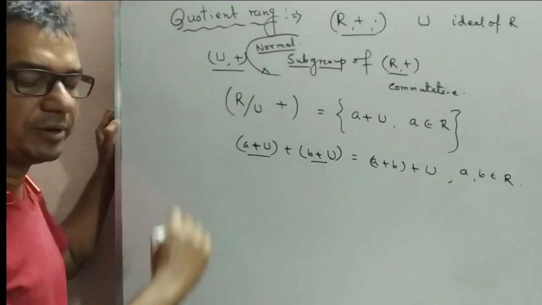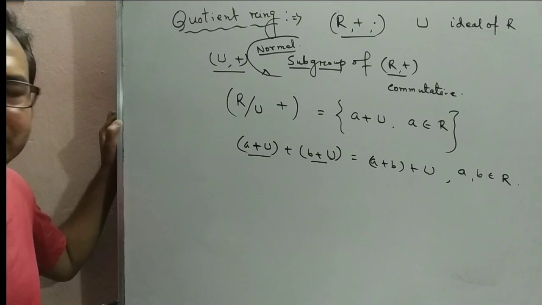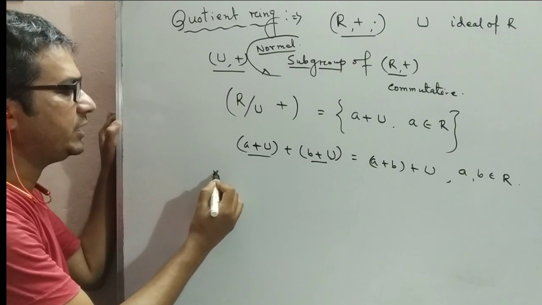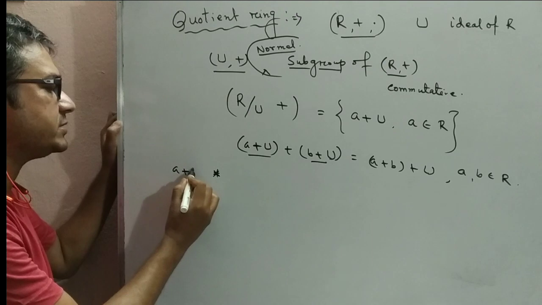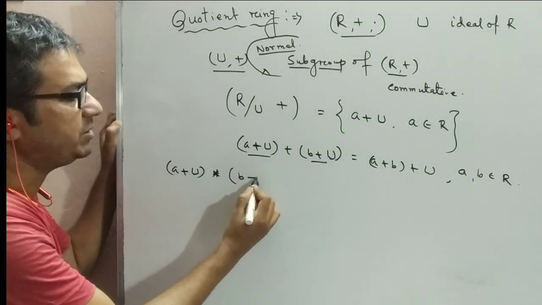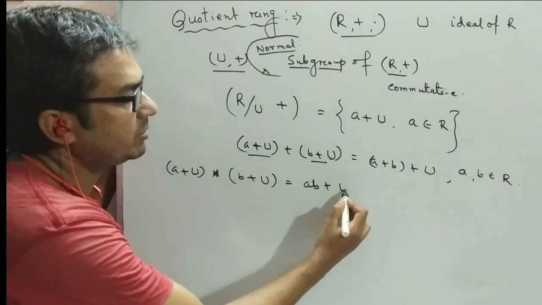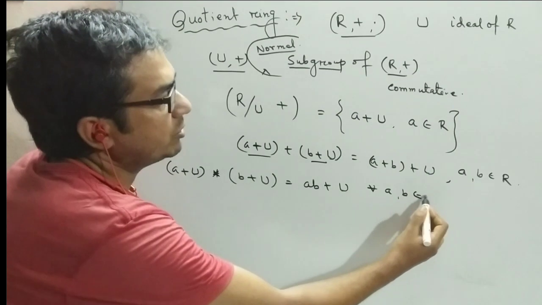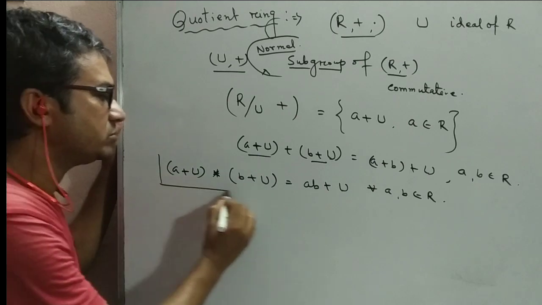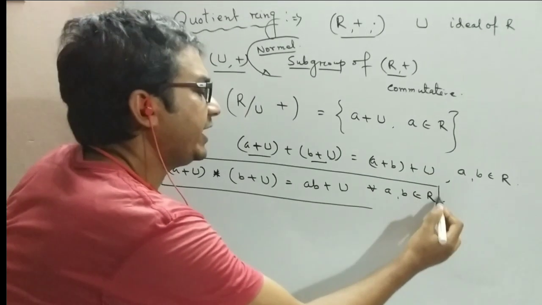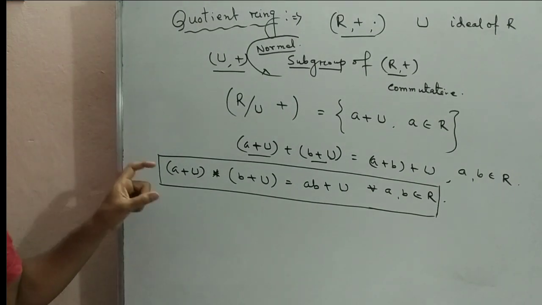These are two elements of R by U. Now, here we define another operation, generally denoted by star, as A plus U star B plus U equal to AB plus U for all A, B belongs to R. Now, since we define this operation here, it must be shown that this operation is well defined.